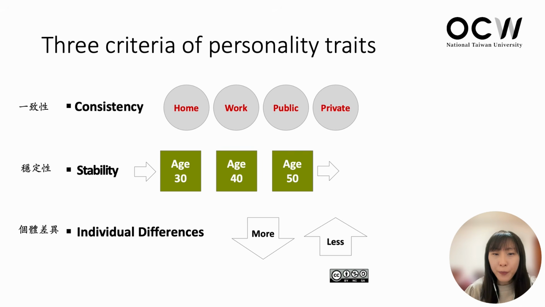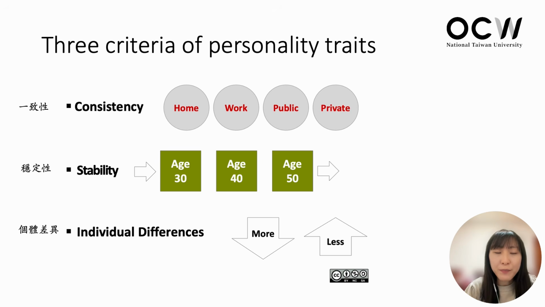If someone is talkative, they not only tend to be talkative at home, but also at work, at school, or other settings. Then, being talkative should also be stable across time. So a person who is talkative at age 30 will also likely be talkative at age 40 or above.